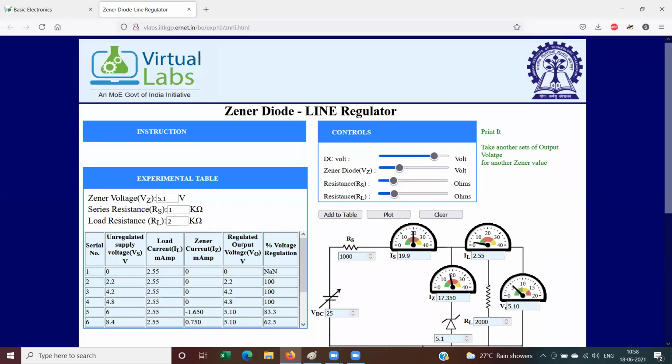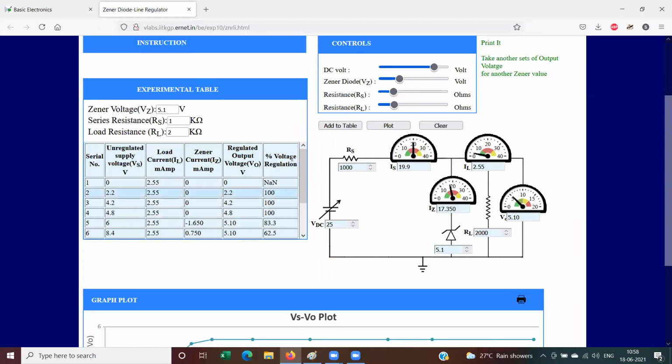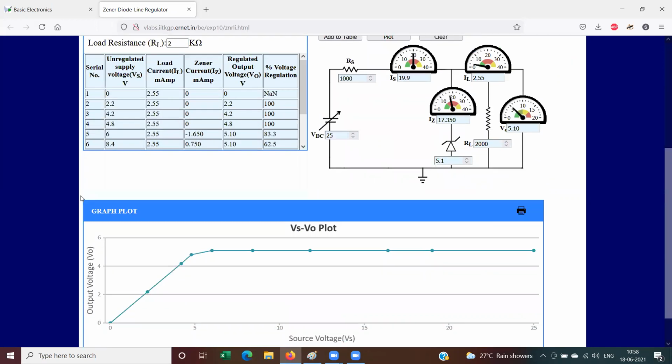That is simply V0 by Vs into 100%. This column, the percentage regulation, is simply V0 by Vs into 100%.